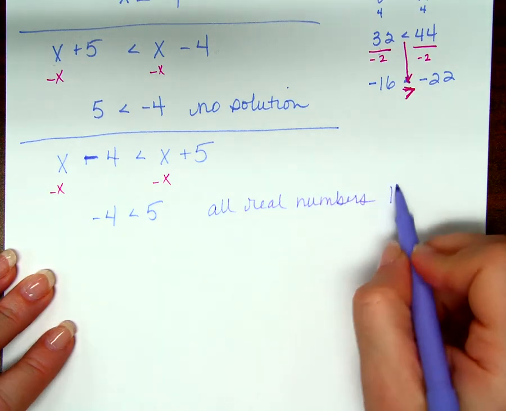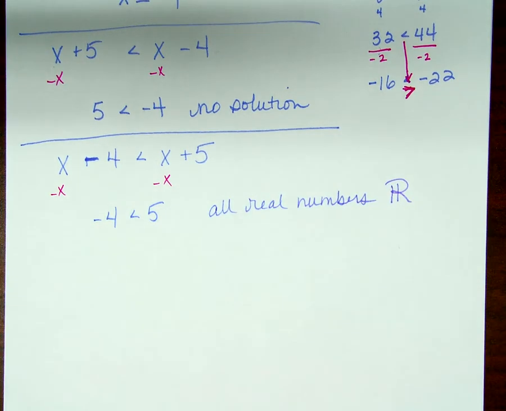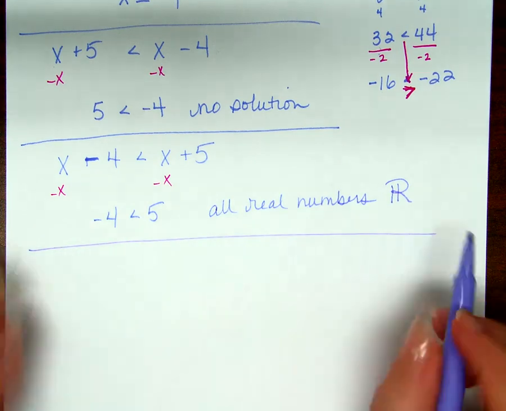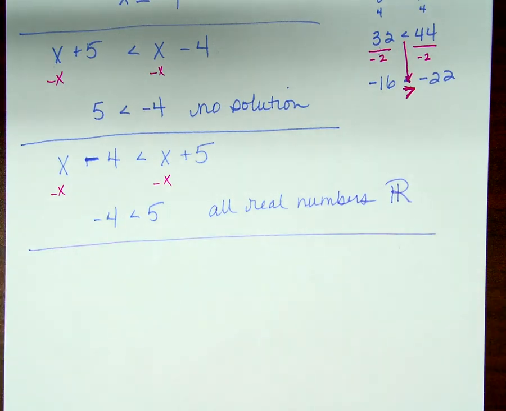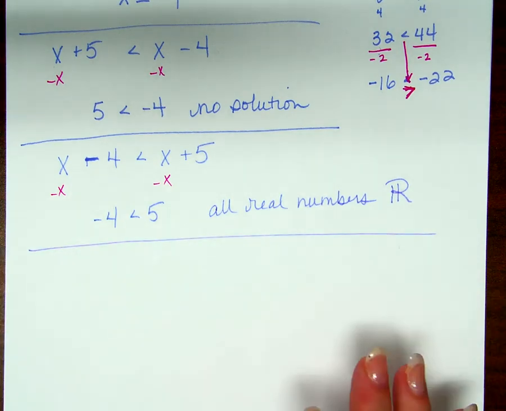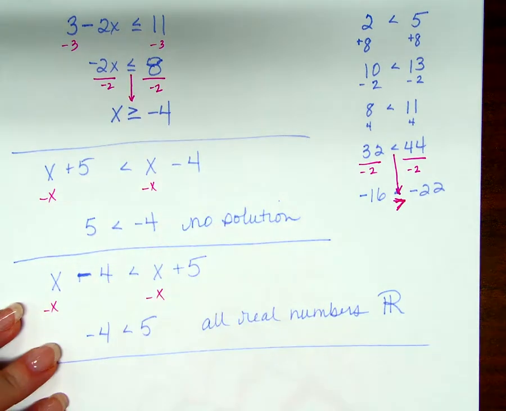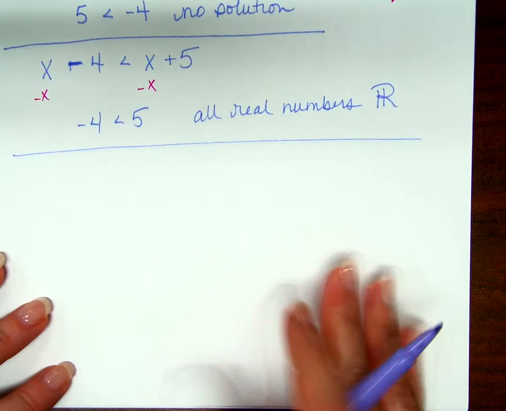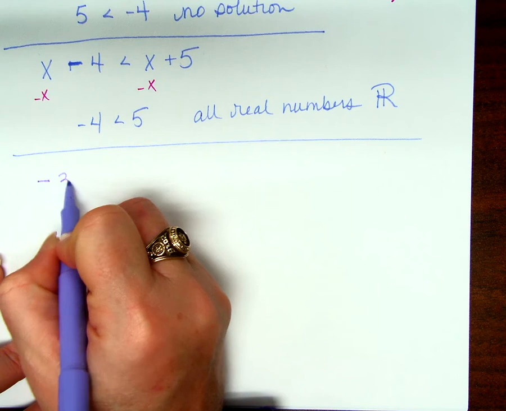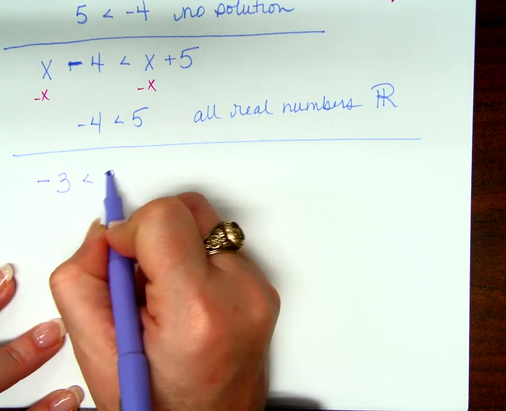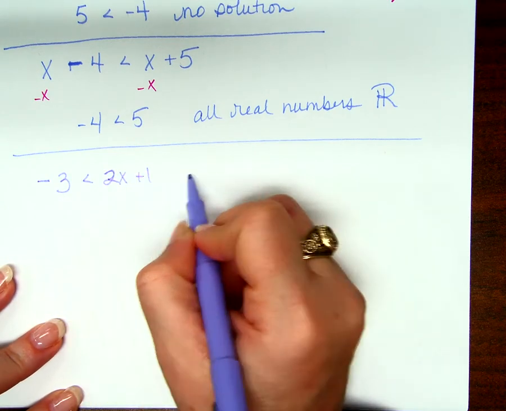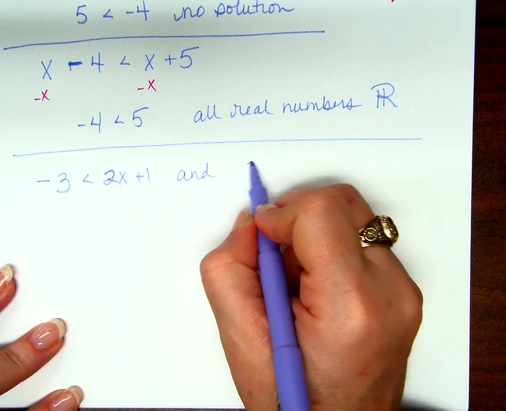And for the record, our all real numbers sign we could use instead. Okay? So these are solving linear inequalities, right? Okay? And then we have something like this. What if this happens? My answer that I've got to find has to satisfy both of these equations.